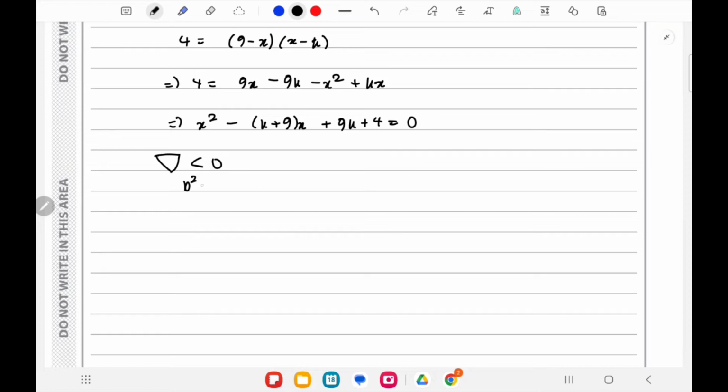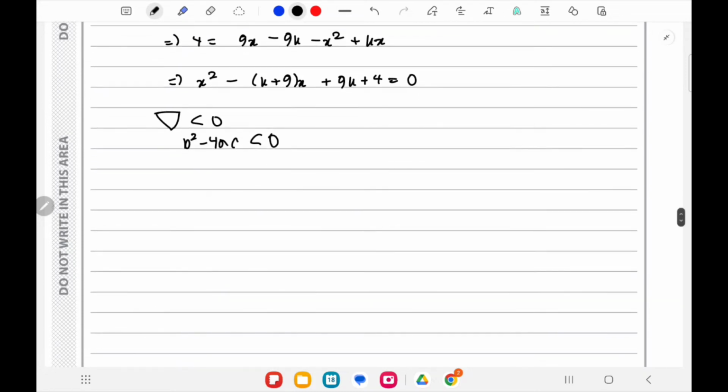So b square minus 4ac less than 0. B square is k plus 9 whole square. And then you have minus 4 into 1 into 9k plus 4, and you have this less than 0.